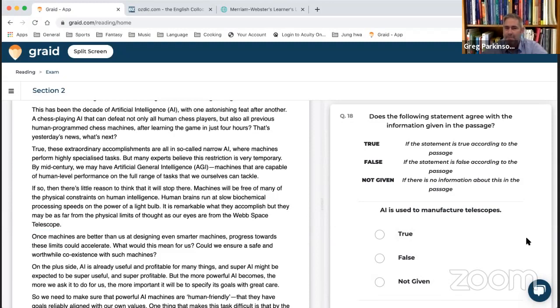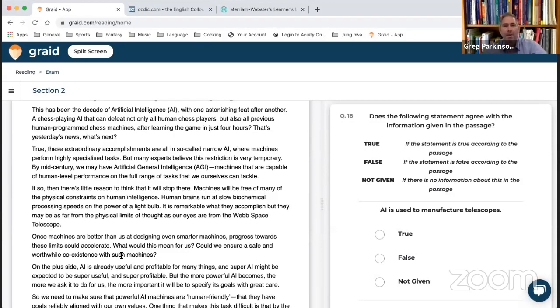At this point, if you're not sure, I would probably just have a little bit more of a scan to see if there's any more information about AI manufacturing telescopes. So I would go back to the beginning of the paragraph and I would just scan over. Is there anything here about telescopes? Human brains, light bulb? No. Then I'd go to the next paragraph and I'd just be looking. Anything else about telescopes?